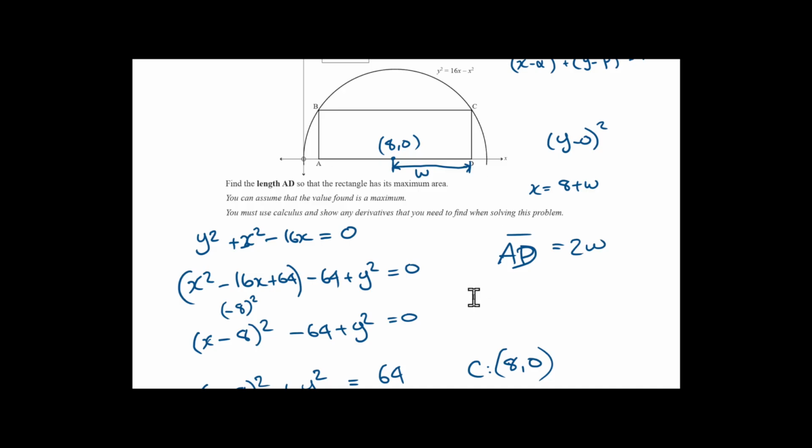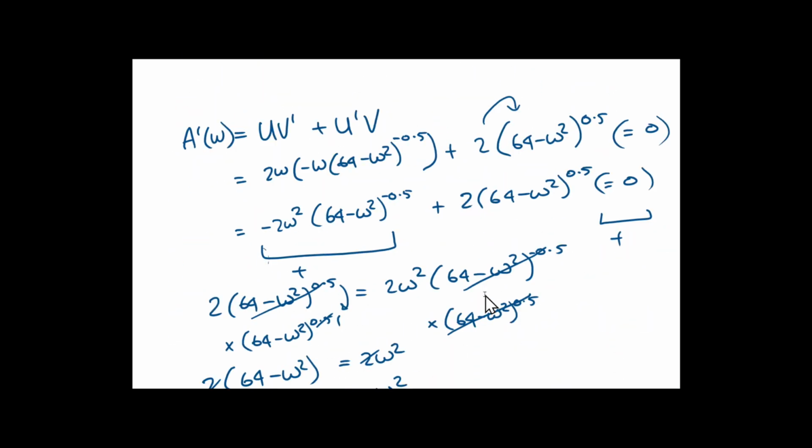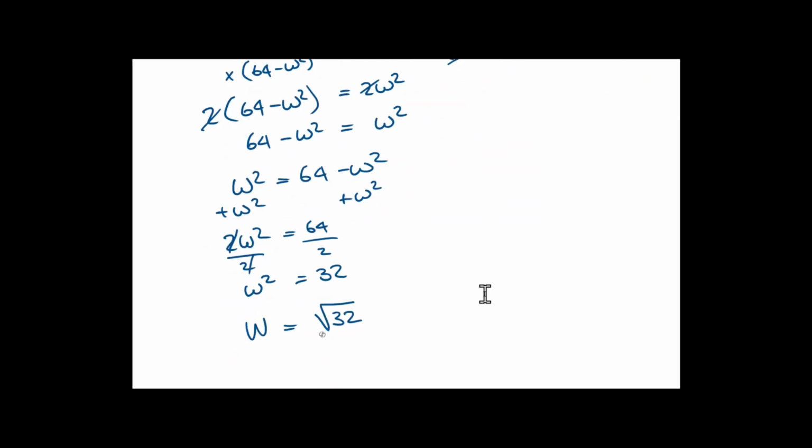And we want AD, which is 2W. So if AD equals 2W, then AD must be equal to 2 square root of 32. And that's going to simplify to 8 square root 2, and done.